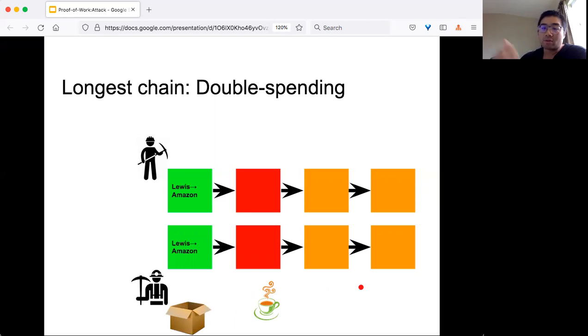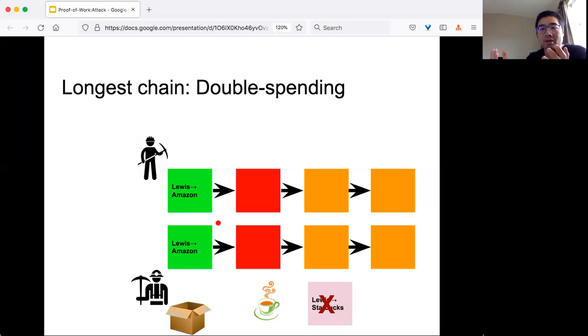But then, because of the longest chain, this bottom miner says, wait, I need to switch to the other chain. Now it's that Louis pays $10 to Amazon. Then Amazon will give my package. So now I have both things. But why is this bad? This is because the original block, which states that Louis pays $10 to Starbucks, is now missing.